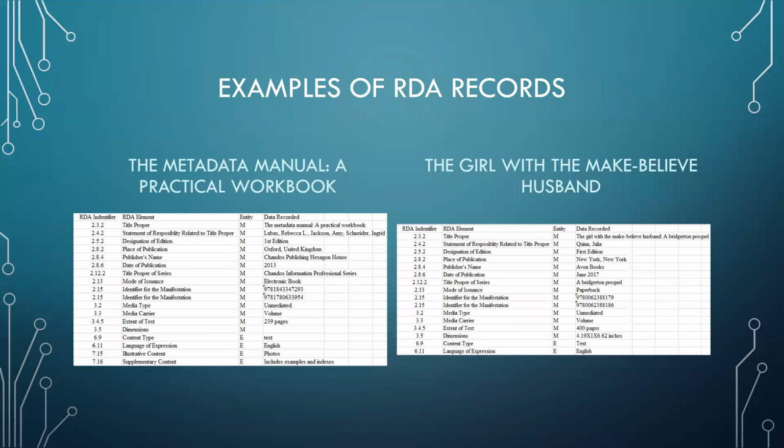An example of RDA records. I chose the Metadata Manual, a practical workbook.